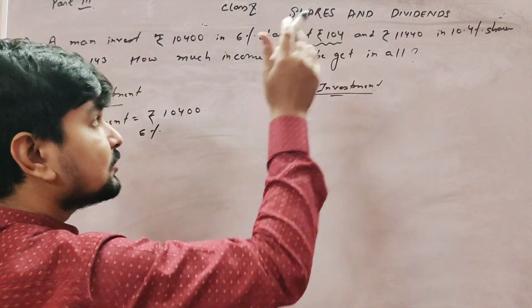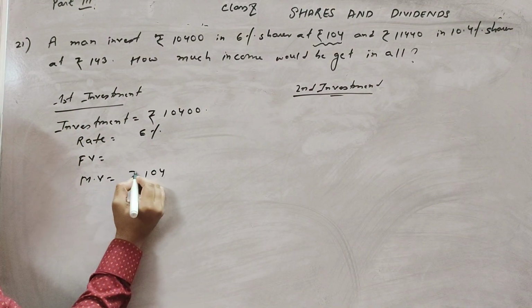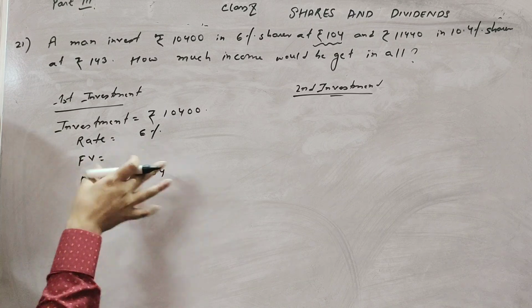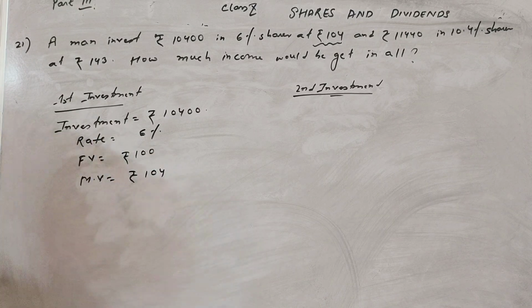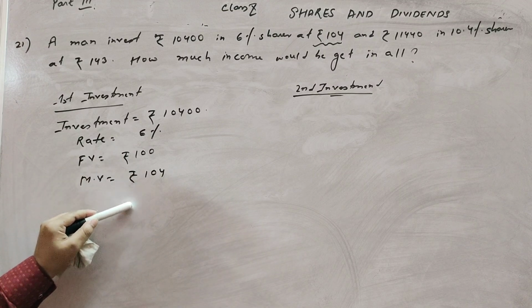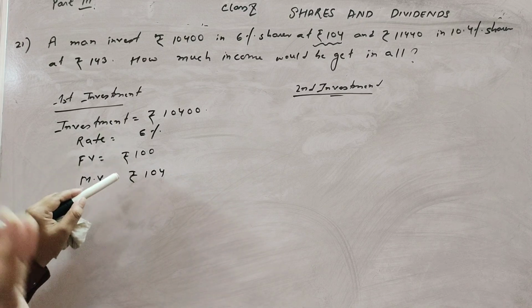That means this is your market value. Please remember, this is your market value 104. Face value is not mentioned here, but you consider face value is 100, because the market value is 104.